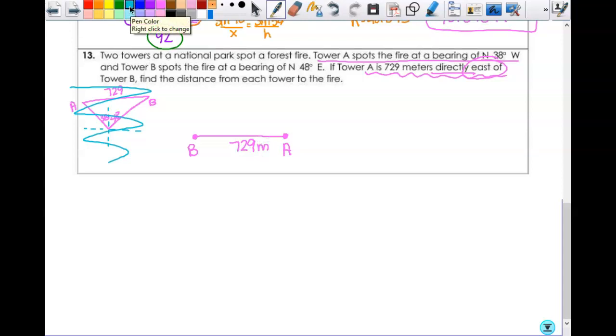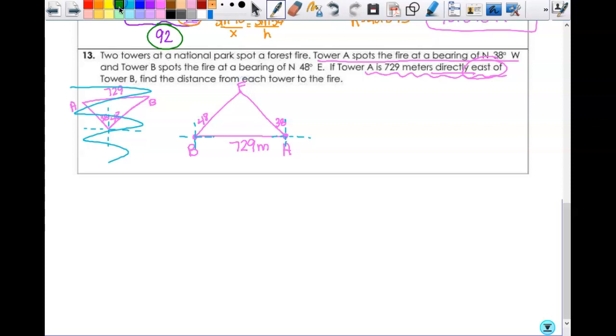So then I look at, it says Tower A, so here's Tower A. They spot a fire at a bearing of north 38 degrees west. Boom. This is 38. Tower B spots the fire at a bearing of north 48 degrees east. So this is 48 right here, and this is the fire.